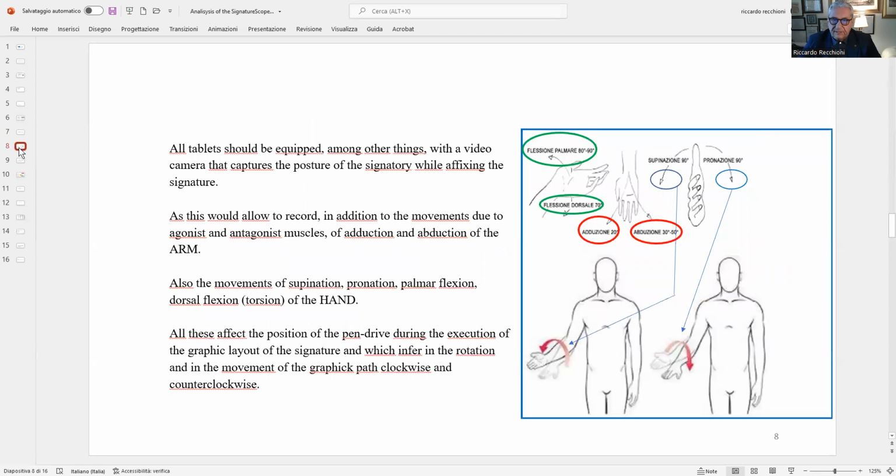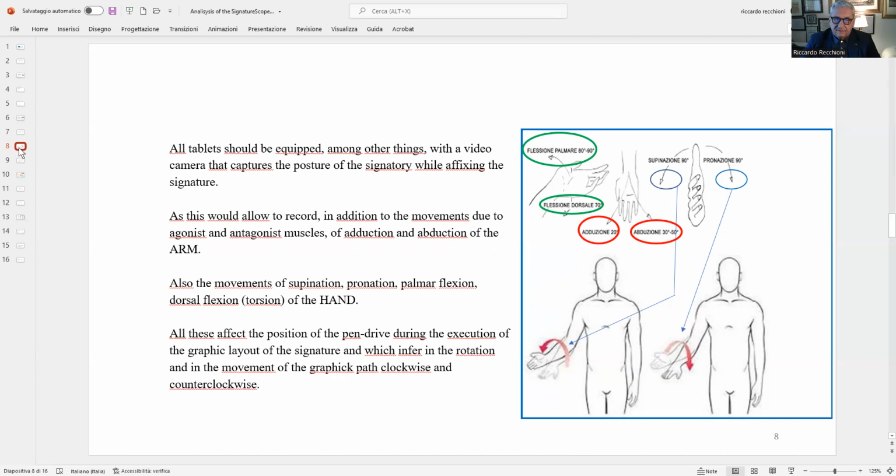All tablets should be equipped, among other things, with a camera that captures the posture of the signatory while affixing the signature, as this would allow recording, in addition to the movements due to agonist and antagonist muscles and adduction and abduction of the arm, also the movements of supination, pronation, palmar flexion, dorsal flexion, and torsion of the hand.